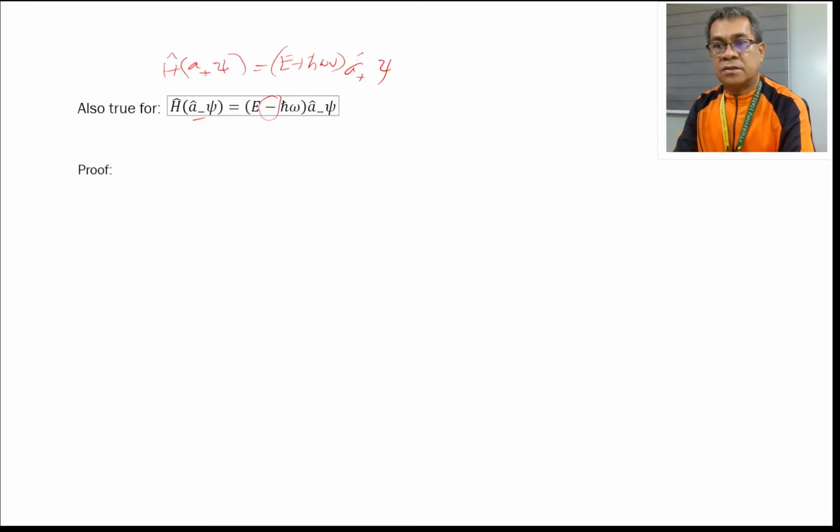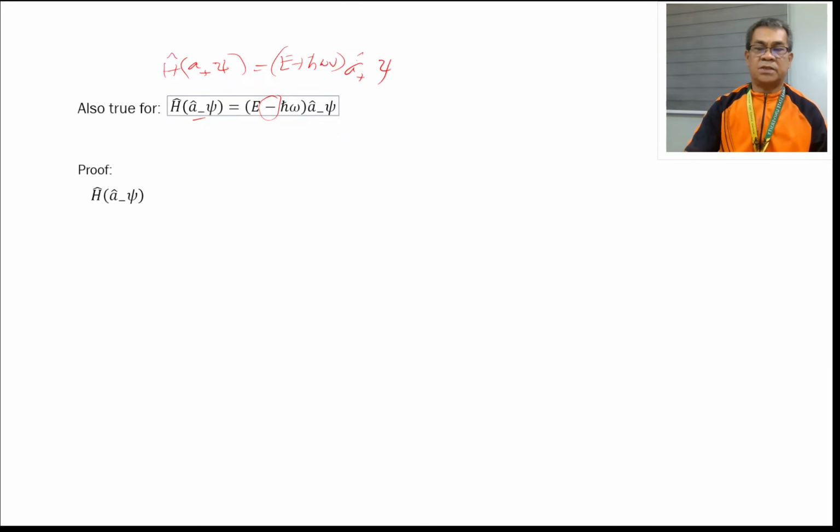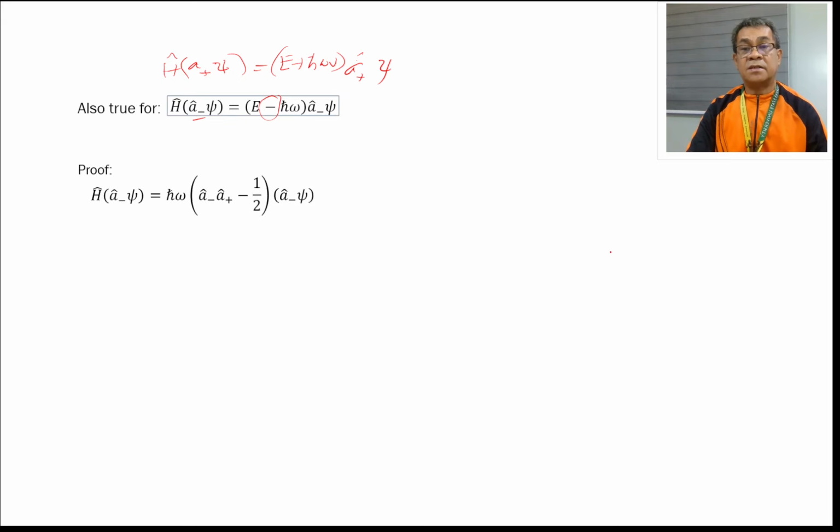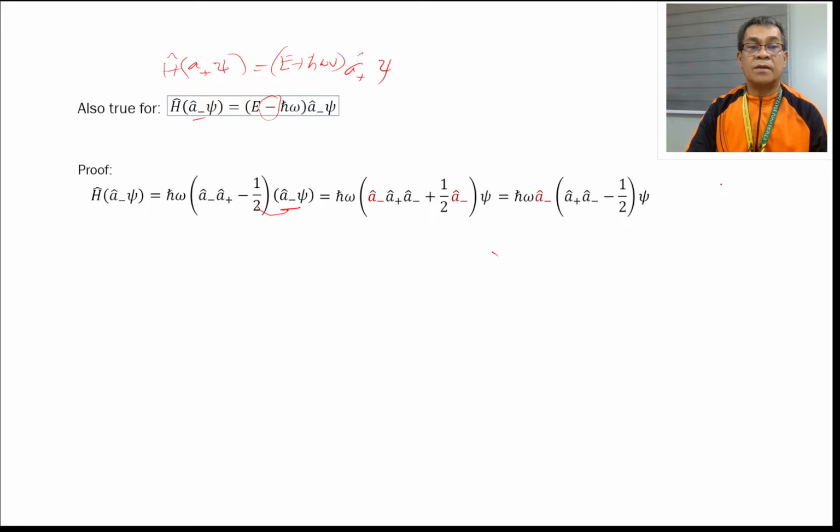So what's the proof of that? The proof is the same process as what we did previously. So this one will move this, and we have that, and we have this one. Then of course we have a negative one.